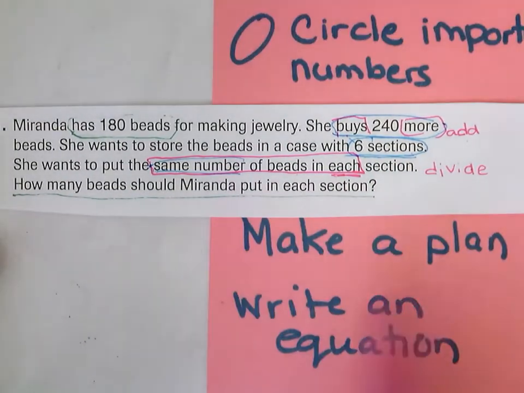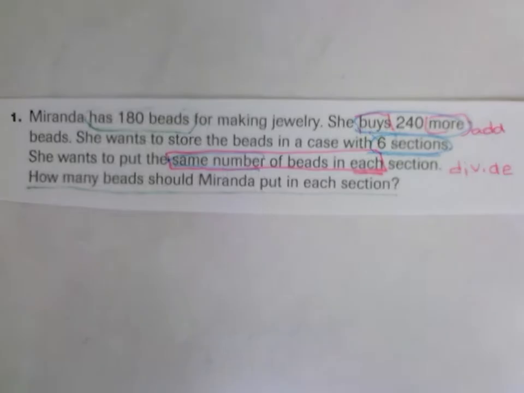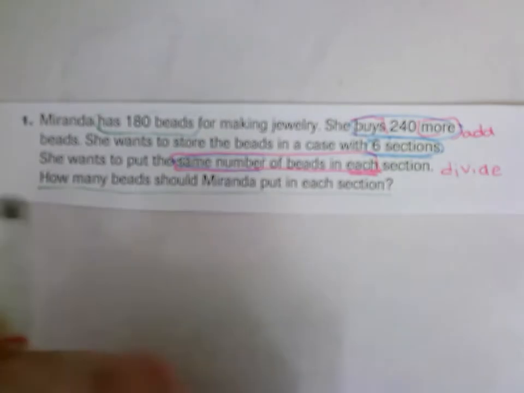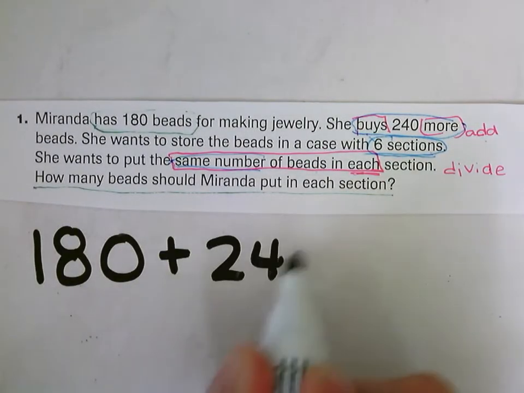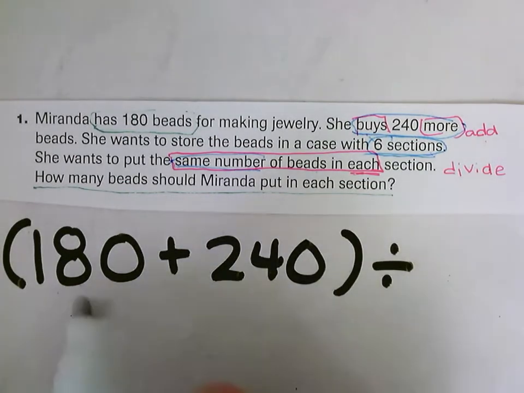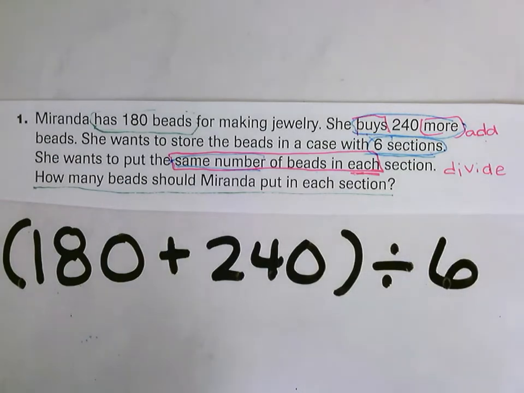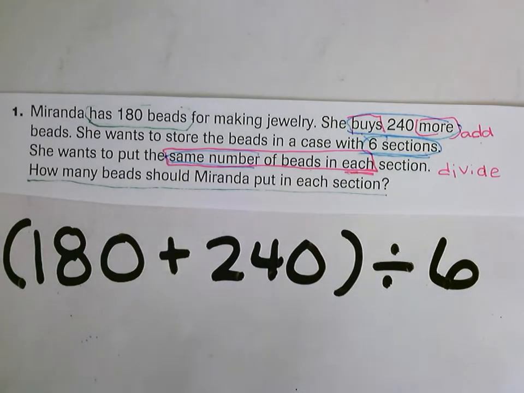The last thing I'm going to do is write my equation, and then solve it. So my equation would be 180 plus 240. Those are my beads all together, and I'm going to divide that after I add it. I'm going to divide it by 6. That's my equation.